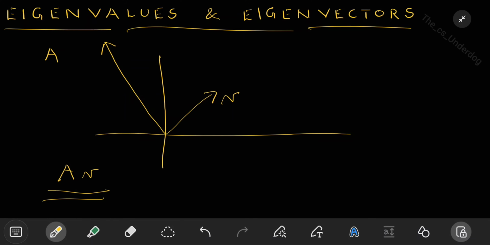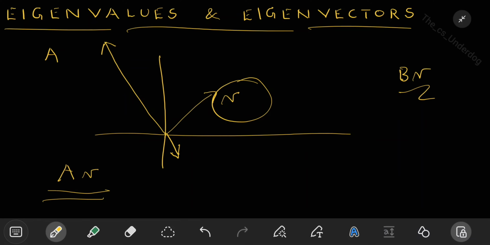And maybe you applied some other matrix B on V. When you apply that, maybe V will become this. That is, it shrank and also changed direction. So this is how different matrix operations will affect a vector. Whenever you multiply any vector with a matrix, that vector will change in direction and change in size. This is what happens by default.